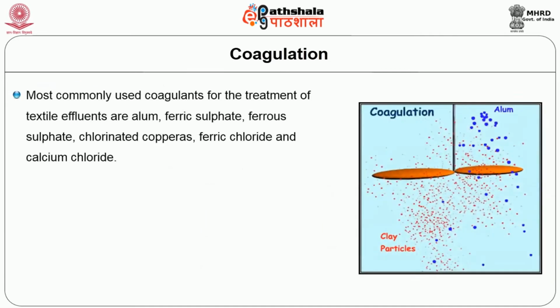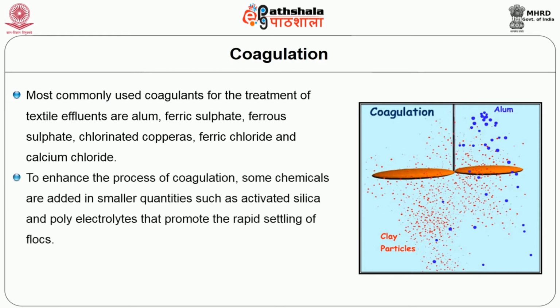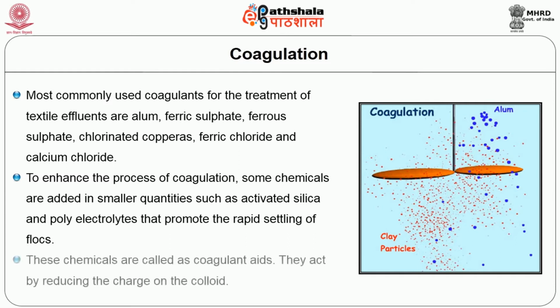Most commonly used coagulants for the treatment of textile effluents are alum, ferric sulfate, ferrous sulfate, chlorinated copperas, ferric chloride and calcium chloride. To enhance the process of coagulation, some chemicals are added in smaller quantities, such as activated silica and polyelectrolytes, that promote the rapid settling of flocs. These chemicals are called coagulant aids. They act by reducing the charge on the colloid.